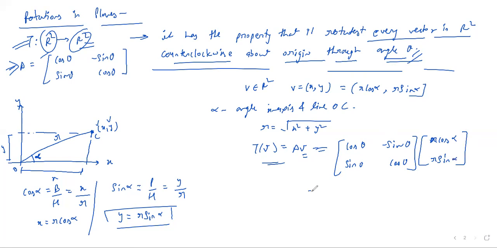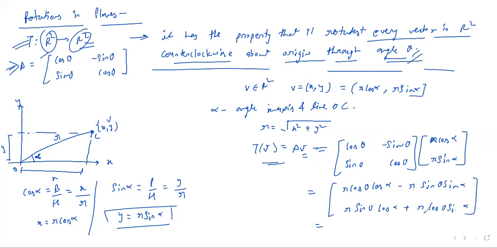Now we will just multiply them. It will be r cos theta cos alpha minus r sine theta sine alpha, and this would be r sine theta cos alpha plus r cos theta sine alpha.